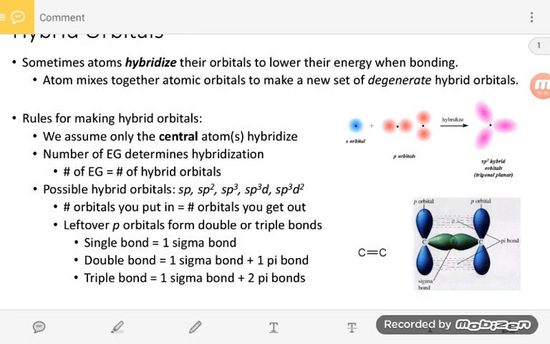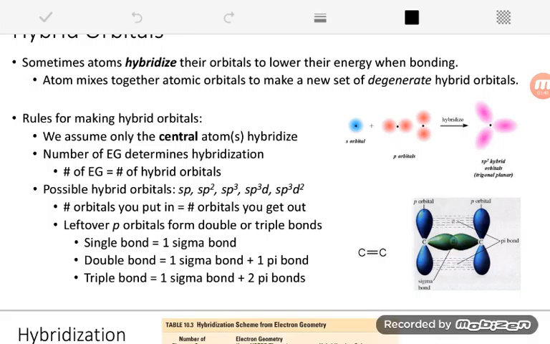There are some really simple rules for how an atom makes hybrid orbitals. First of all, we're going to assume only the central atom feels the need to do this. The outer atoms can sort of make it work with their atomic orbitals. The central atom is the one that really needs to accommodate multiple atoms around it, so it's the one that's going to hybridize.